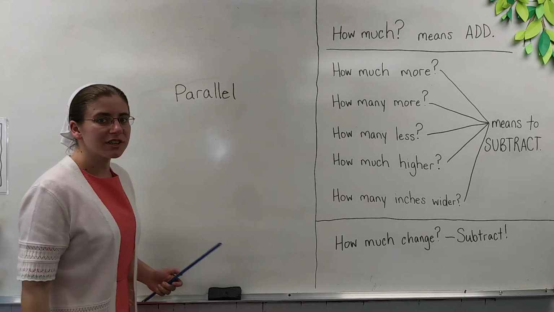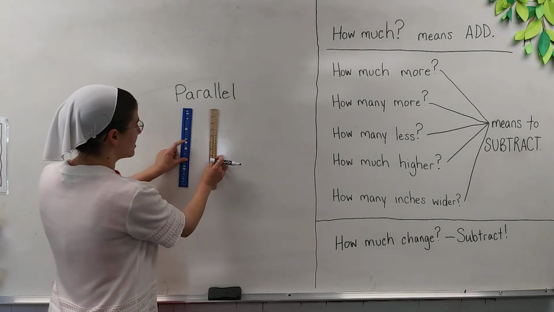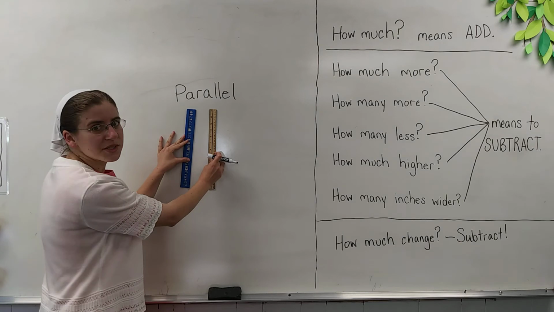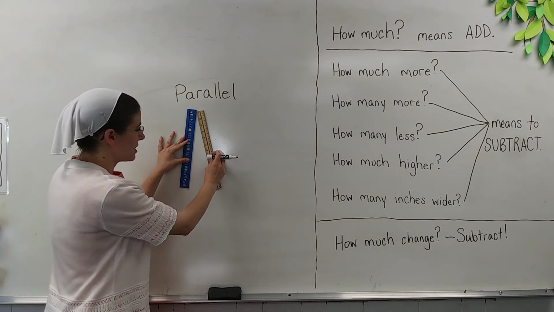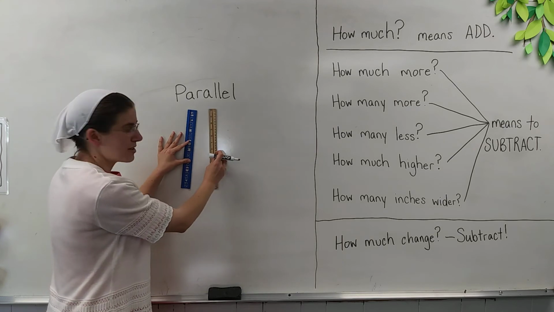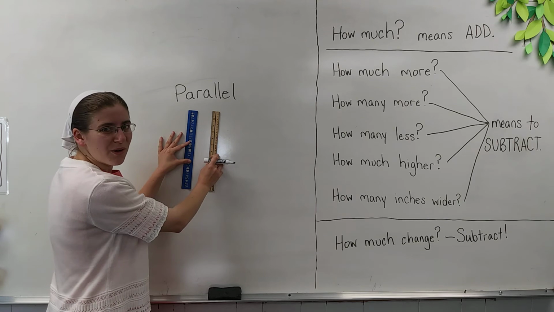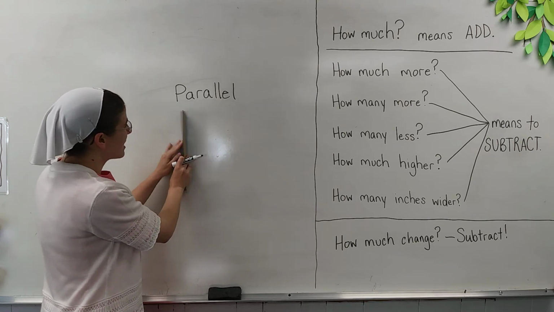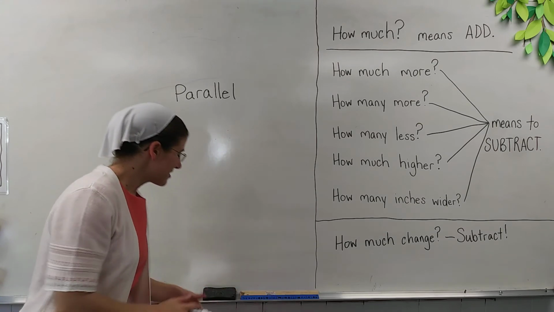Okay, now remember a trick for parallel? Remember the L's are parallel. They run straight beside each other. They're the same width apart the whole time. And they don't cross over each other, okay? Not one crooked. They're both straight and the same width apart all the way down. That's parallel lines. Okay?